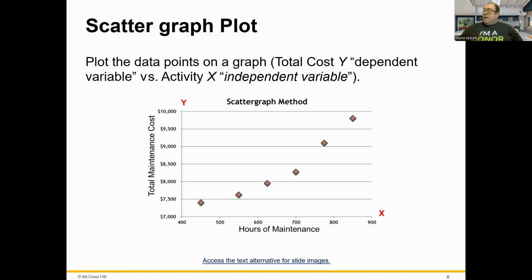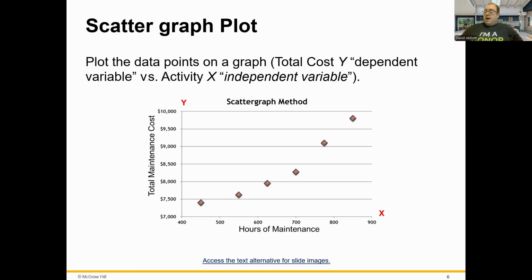costs. Now, after plotting the data, examine the points in the scatter graph to see if the points lie more or less within a straight line that slopes upward and to the right. Linear cost behavior exists whenever a straight line is a relative approximation of the relation between cost and activity.